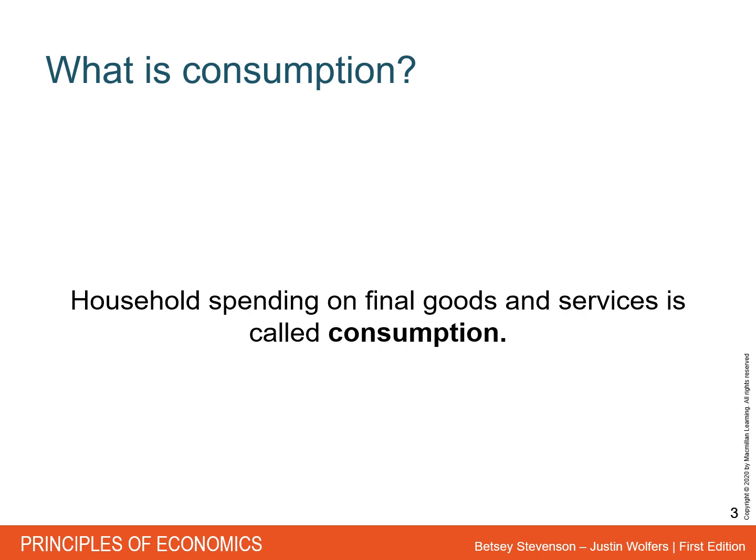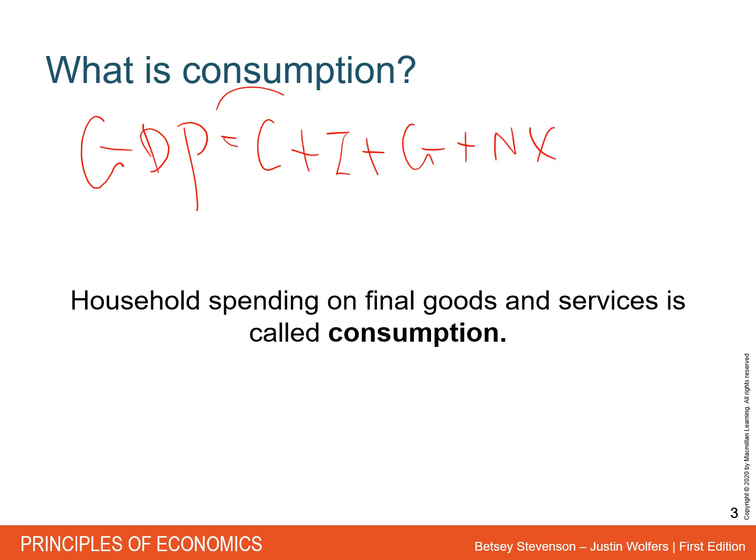And if you remember from the previous chapter, GDP equals C plus I plus G plus NX. This is the same consumption we're talking about over here. All the total spending by consumers in the economy is part of our overall GDP.